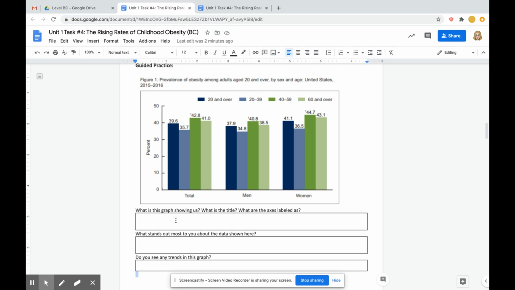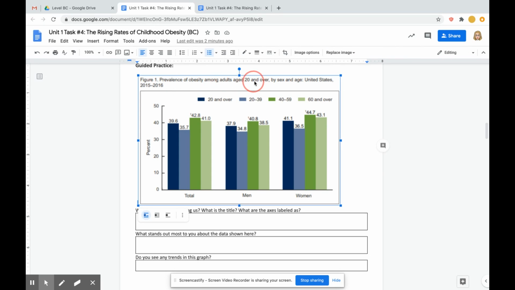So first, let's think about this question right here. What is the graph showing us? What is the title? And what are the axes labeled as? So the first thing you should do when you look at a graph is try to get an idea of what it's showing us. So like I said, this is data about obesity. So if we look at the title, it's right by figure 1, prevalence of obesity among adults aged 20 and over by sex and age.